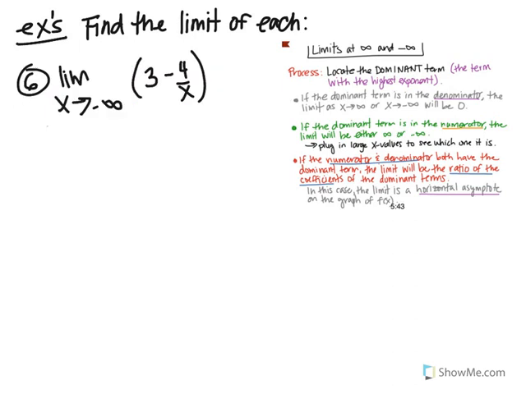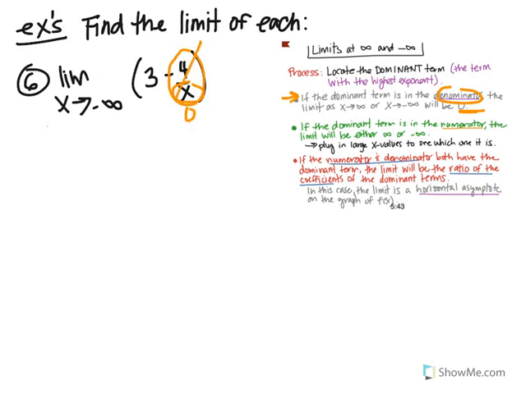So here we have the limit as x approaches negative infinity of this expression, and I have a dominant term in the denominator. It's this case right here. Whenever the dominant term is in the denominator, because that's the only place there's a variable, the limit's always going to be 0. So this whole piece right in here goes to 0.